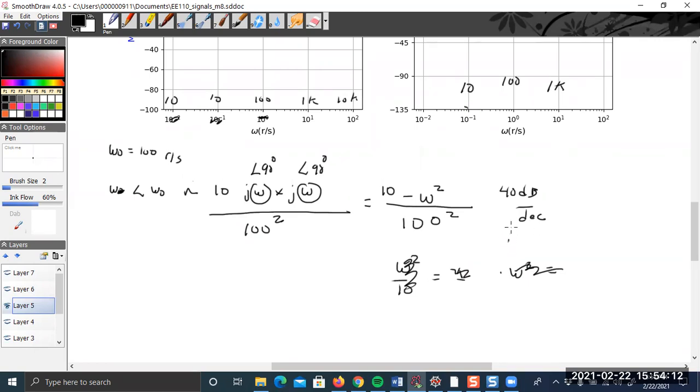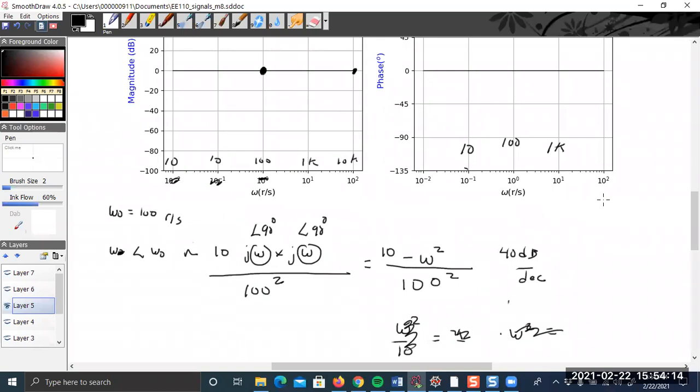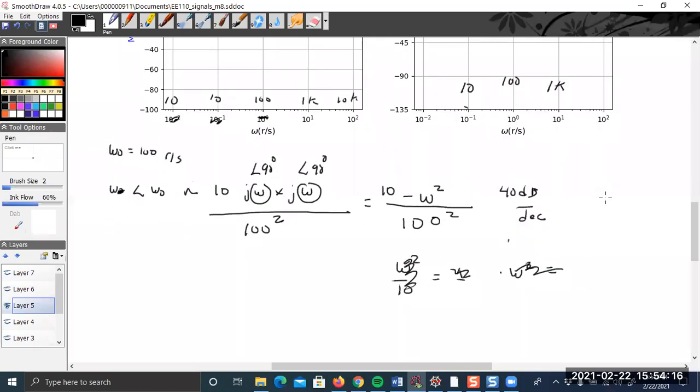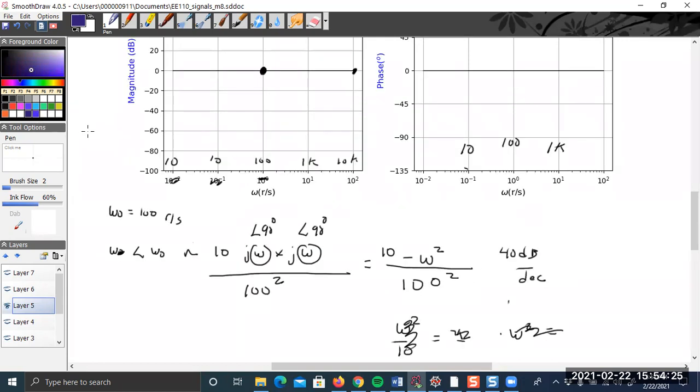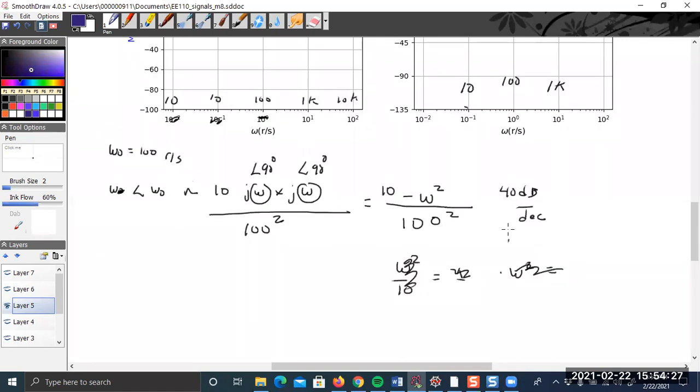I still don't like it. And in fact, just know that it's 40 dB per decade. All right.